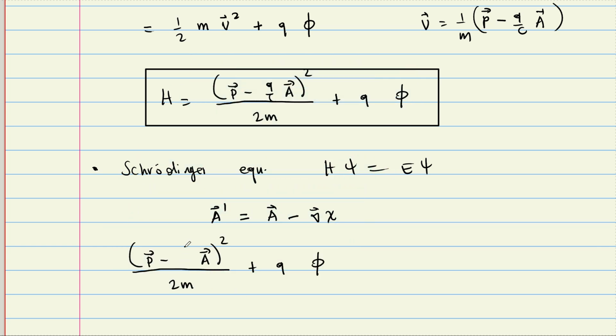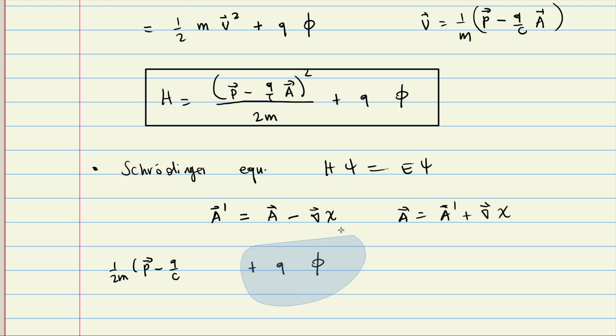Then the Schrödinger equation, let me copy this. So this thing is q over c, and this one is going to change. Okay, let me rewrite this. This is 1 over 2m, P minus q over c A. Now if this is the new A prime, I want to write everything in terms of A prime. A is equal to A prime minus gradient chi, and this one is going to be q over c A prime minus q over c gradient of chi, like this.